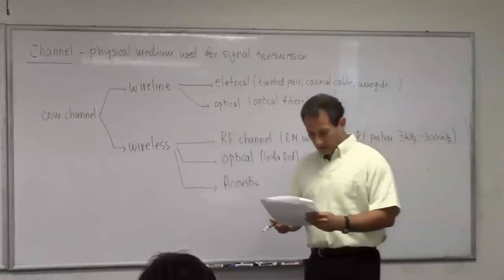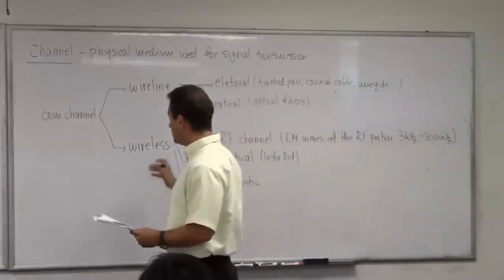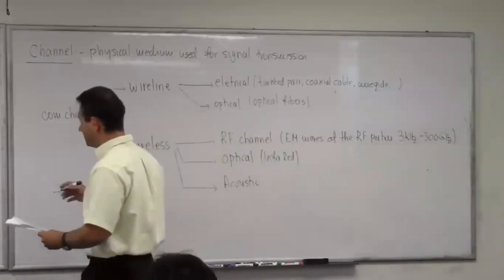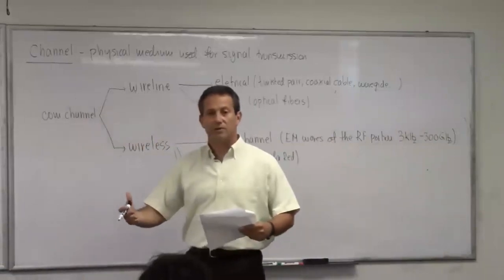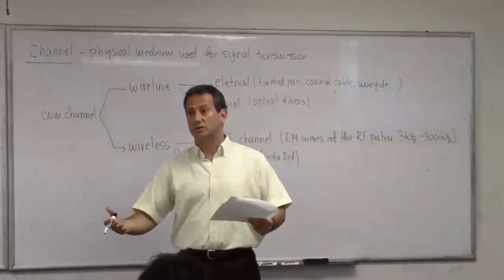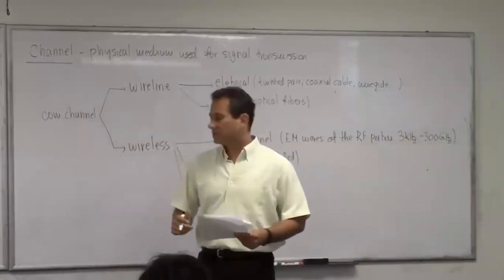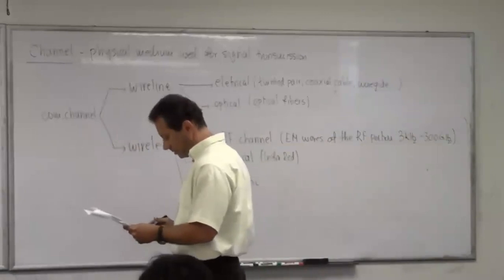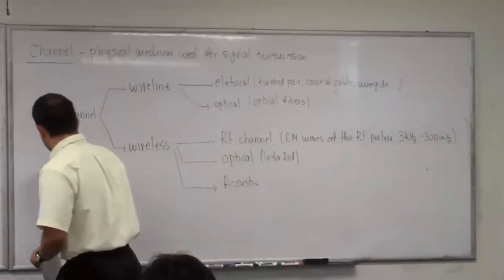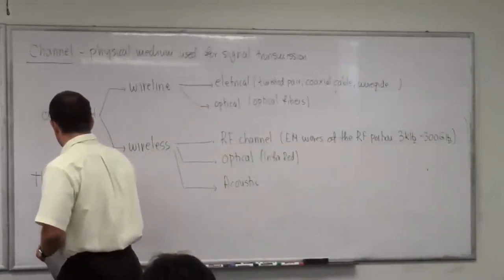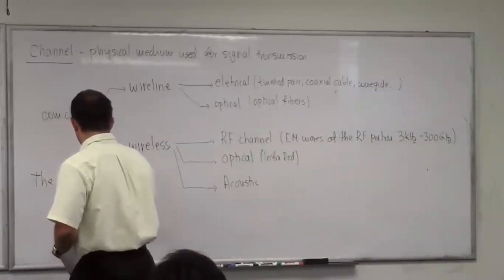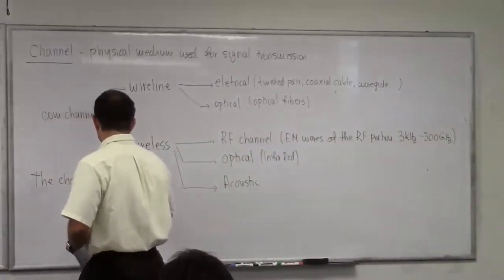The change in the signal we're going to refer to as distortion. So the channel distorts the signal. There are two ways the signal can be distorted as it propagates through the channel. So let me put that here as a note. The channel distorts the signal.